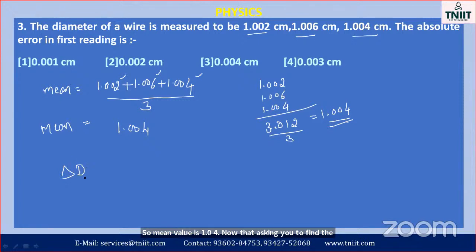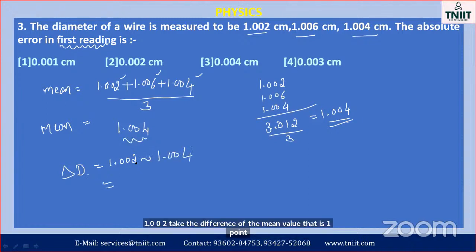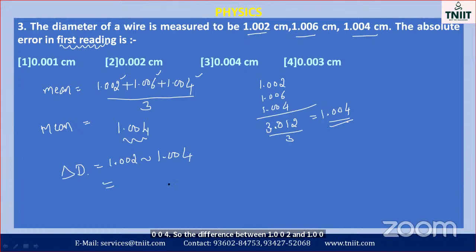Now they're asking you to find the absolute error in the diameter for which reading? For the first reading. For the first reading, it is 1.002. Take the difference from the mean value, that is 1.004. So the difference between 1.002 and 1.004 is 0.002. This is in centimeter.